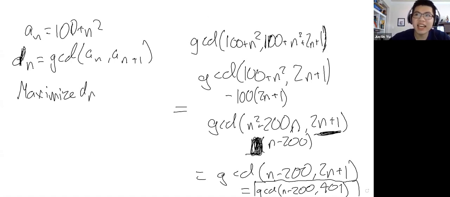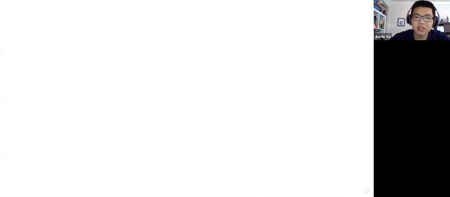We actually don't need n in this case. All we need is that GCD. So hopefully nobody has any questions over that, because I have given you plenty of time to ask them. Yes, the answer is just 401.